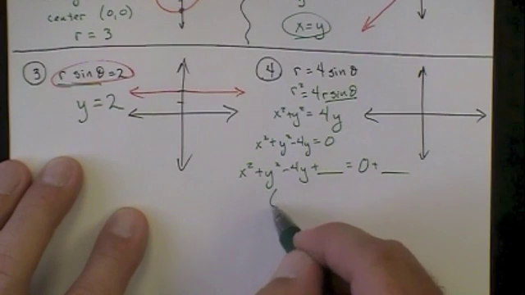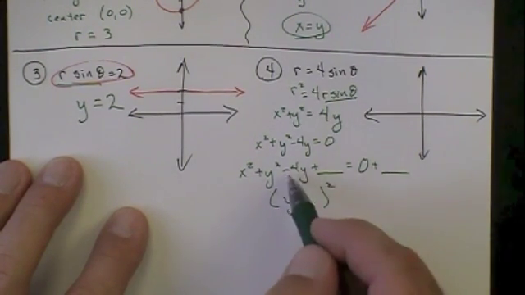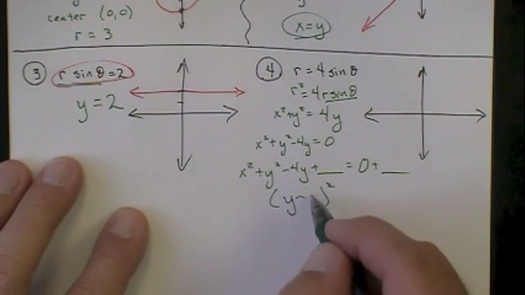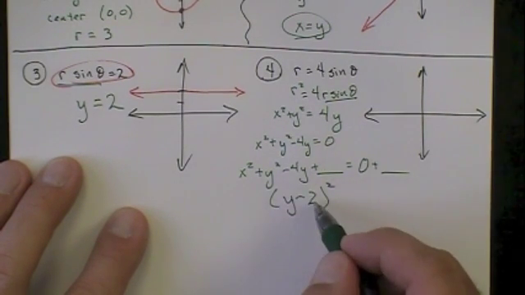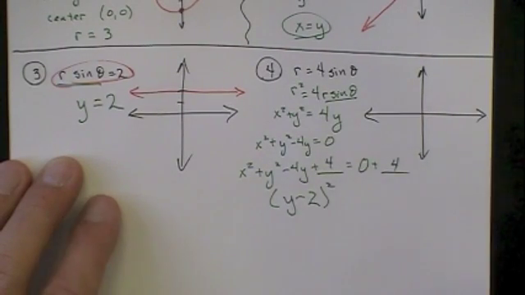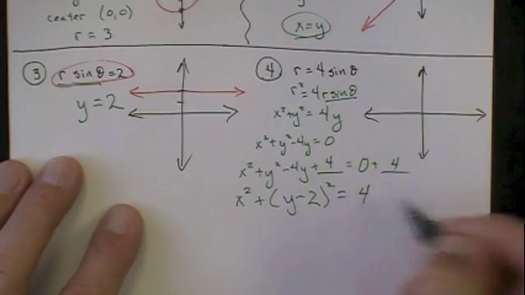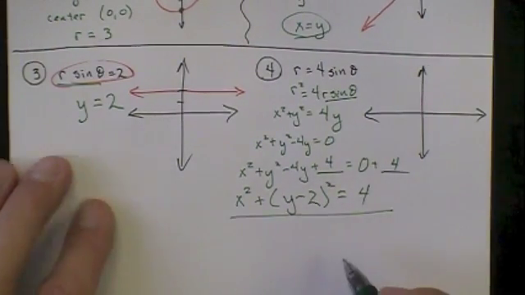Remember, what we're trying to do is get y minus some value, a quantity squared, so we take half of this, and then we square it to figure out what we're adding to both sides. We still have our x squared over here, and that's equal to 4. So there's our equation of a circle.